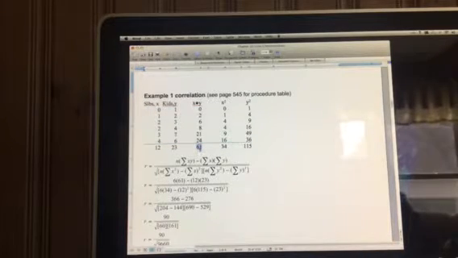That we pull from the bottom of column 3. In the second term of the numerator, first factor is sigma x. What happens when we add up all our x's? 12, bottom of the first column. Second factor in the second term, sigma y, total from the bottom of the second column. Added up all our y's, 23.